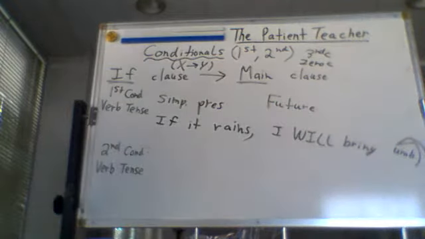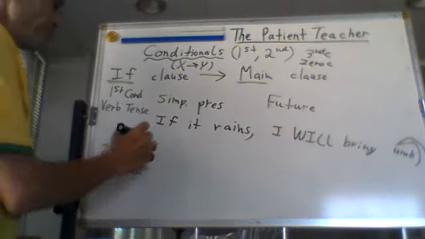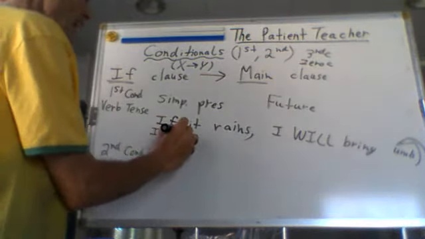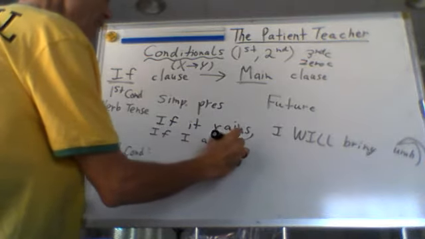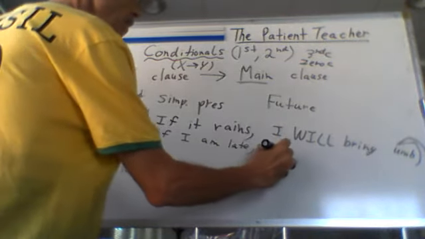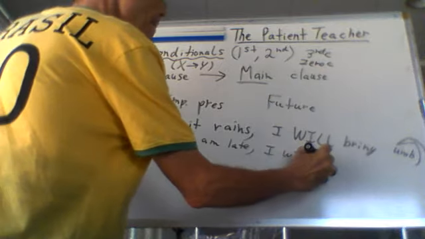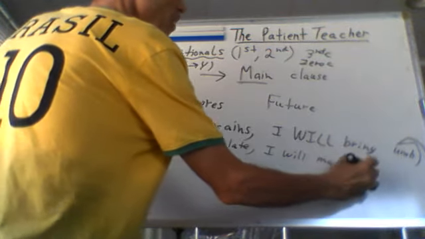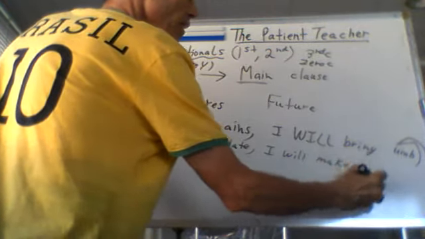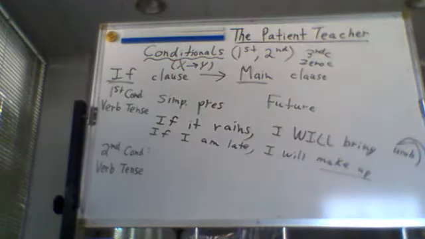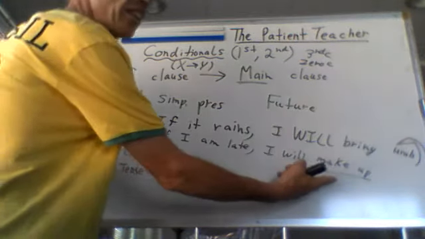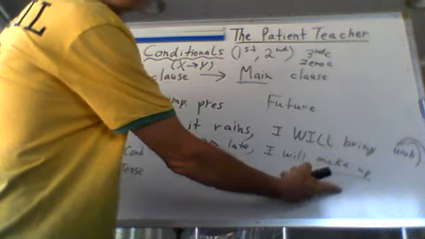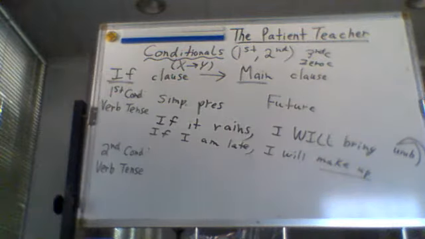I will bring my umbrella. If I am late, right, I will make up the time, right? I will make up the time. I just put that in there. It's a phrasal verb that we used a couple classes ago.